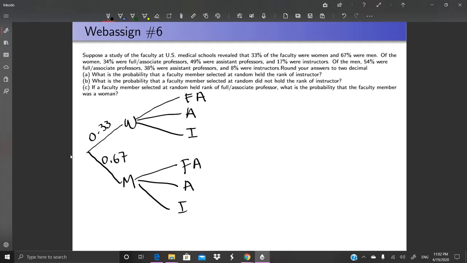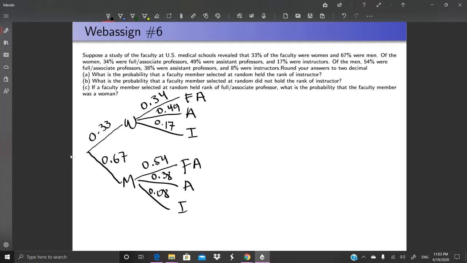Okay, so now we're going to put 34% here for full associate, 49% here for assistants, and 17% for instructors. That's for women. And then for the men, we have 54% for full associate, 38% for assistant, and 8% for instructors. Okay, so we have our tree diagram. That's all the information that we have.